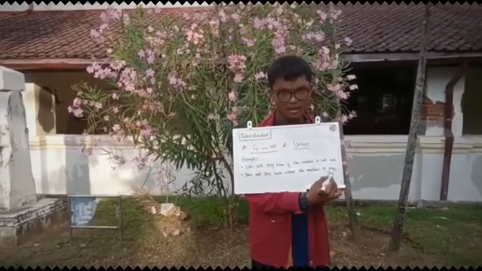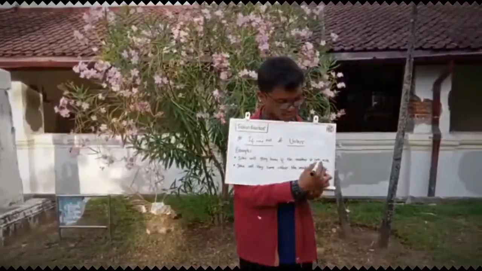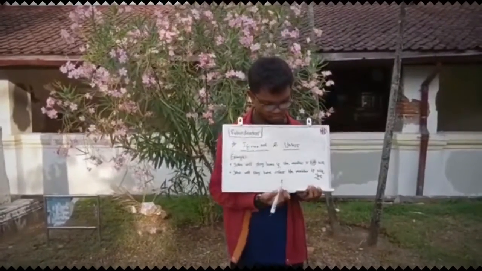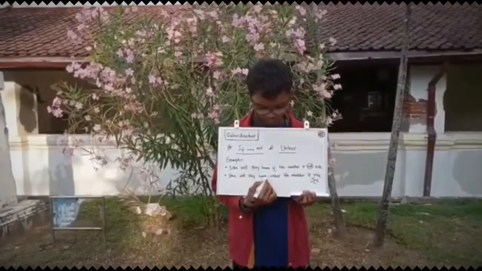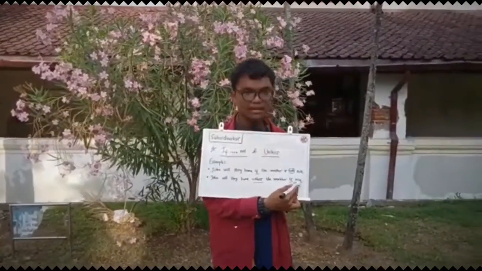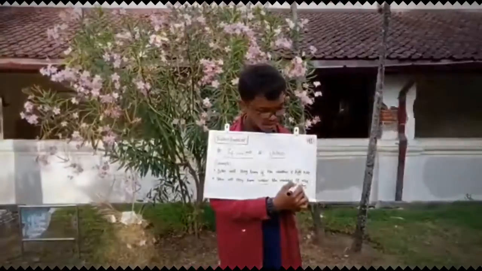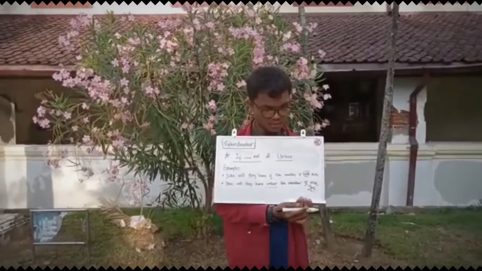But when it comes to if, you have to put not. So it would be: Joan will stay home if the weather is not nice. Joan will stay home unless the weather is nice. You don't have to put not after is or after any of the to be forms.